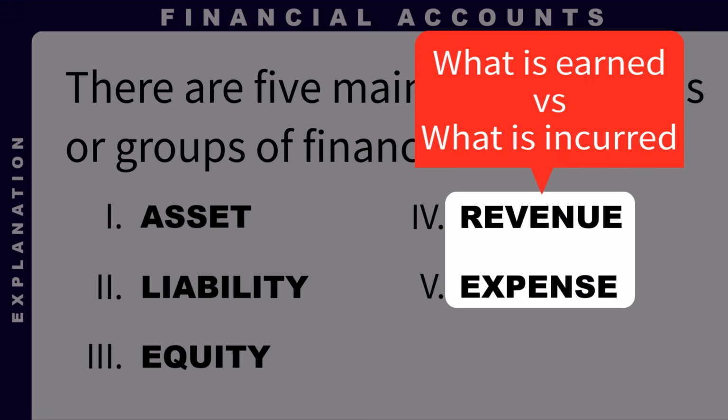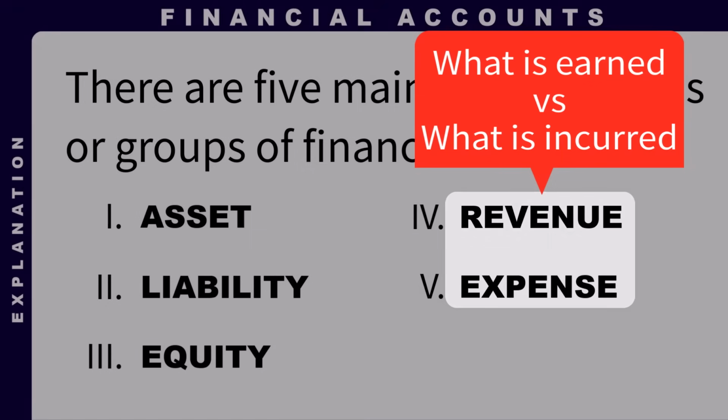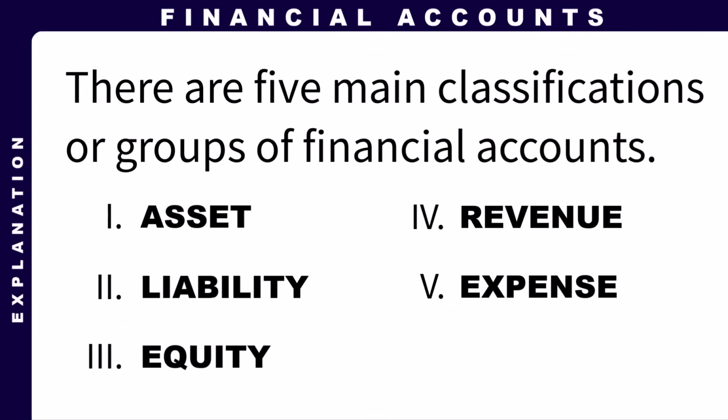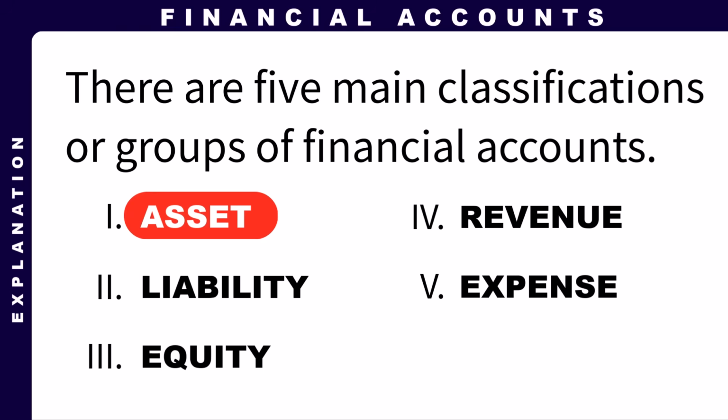For example, here if you say that your revenue last year was $100,000 and your expenses that year added up to, say, $65,000, you mean that your total income earned before making any expenses was $100,000 and you incurred a total expense of $65,000 last year. All this will be very clear in a moment when we go over each one of them. Let's start with the first classification of accounts: asset.